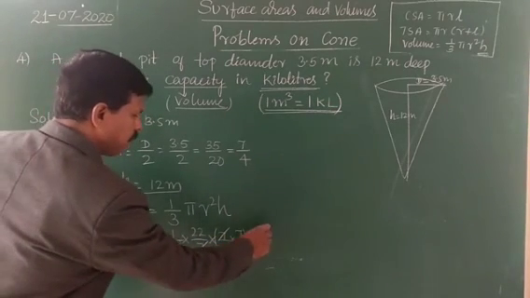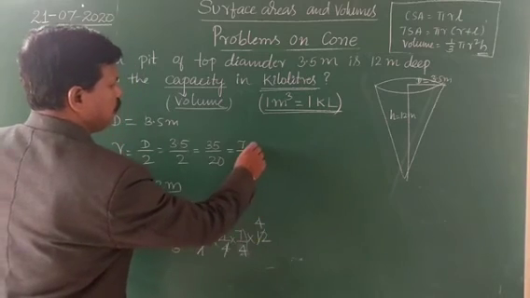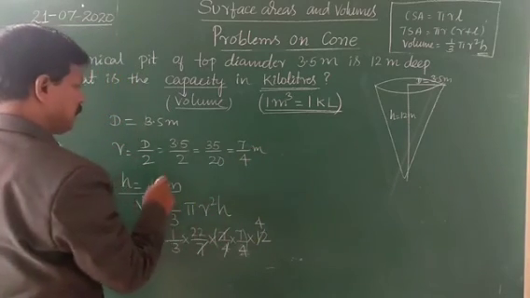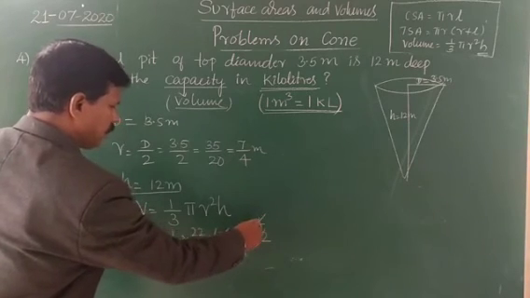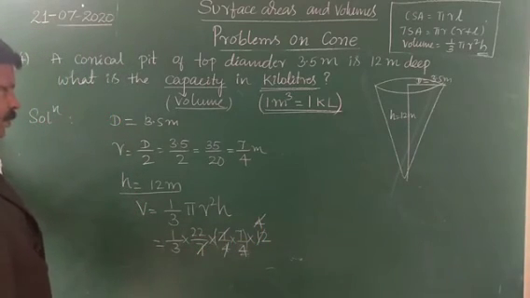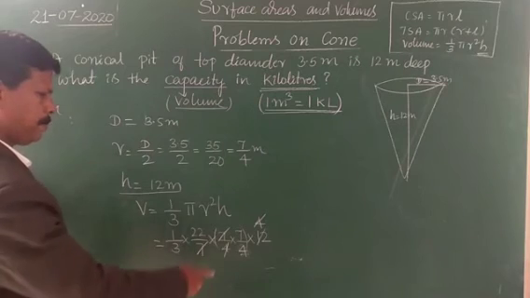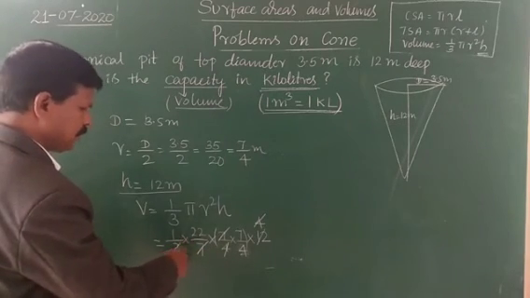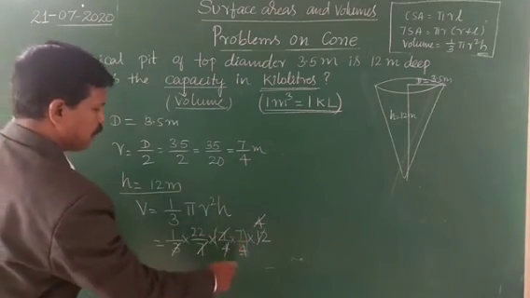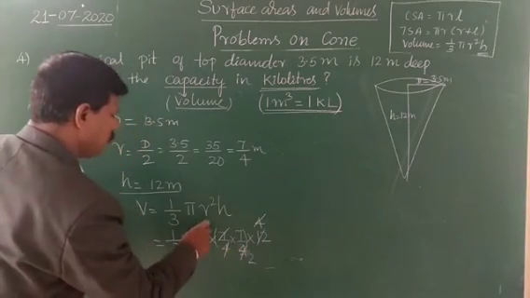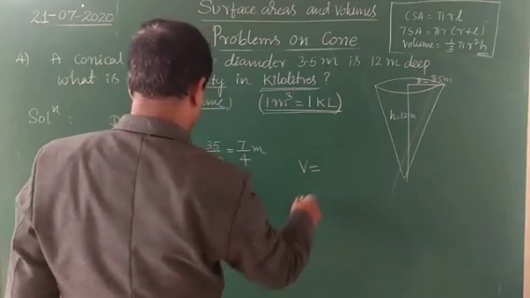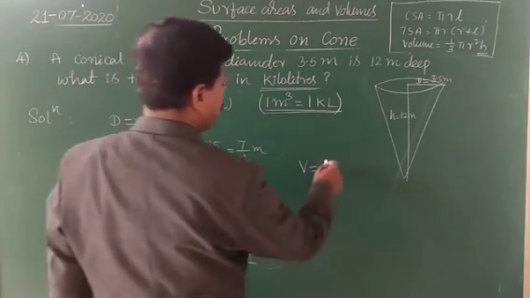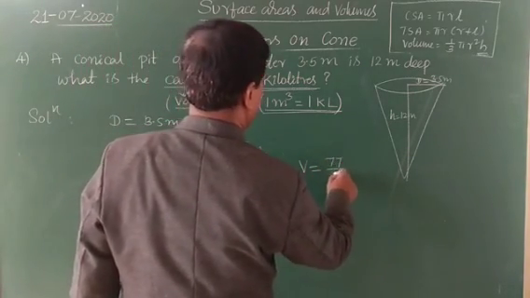See, all these things are in meters. Here 4 and 4 get cancelled. Then 3 ones are 3, 3 4s are 12, 4 4s get cancelled. Here 2 2s are 4, 2 11s are 22. So volume is equal to 11 into 7, 77 by 2.